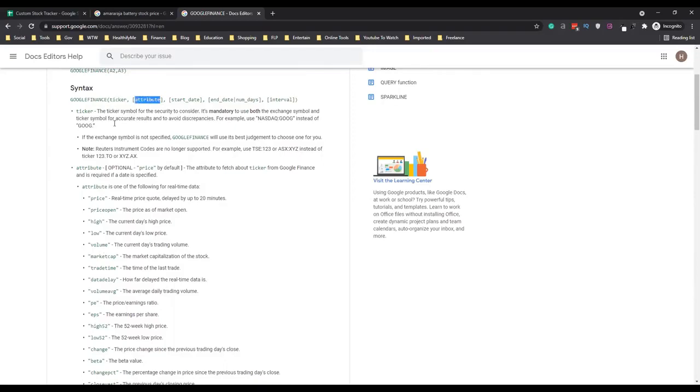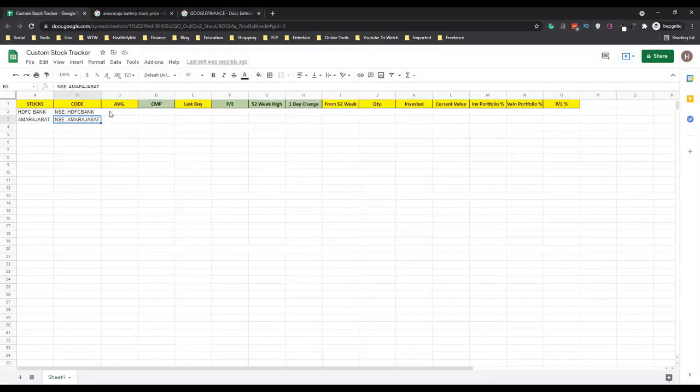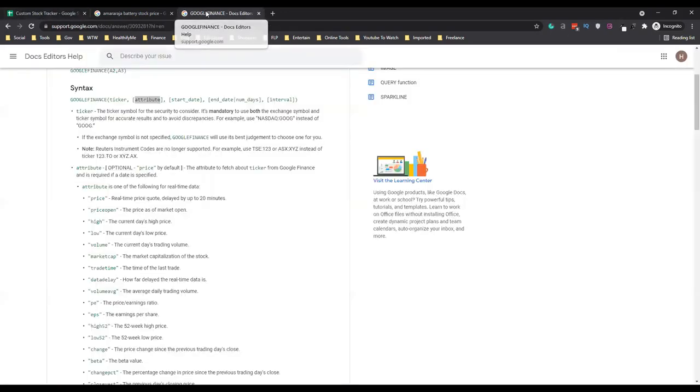So to get the current market price, if we see over here, yes, this is the attribute which we have to use: real-time price quote, delayed by up to 20 minutes. It is just a disclaimer that prices can be delayed by 20 minutes, but normally those are almost live prices, right?